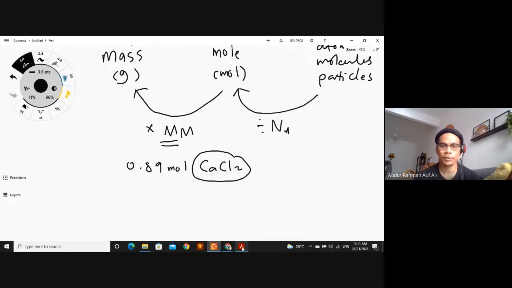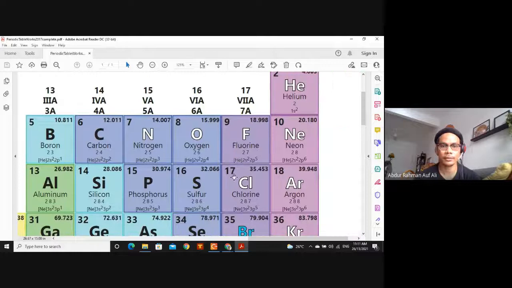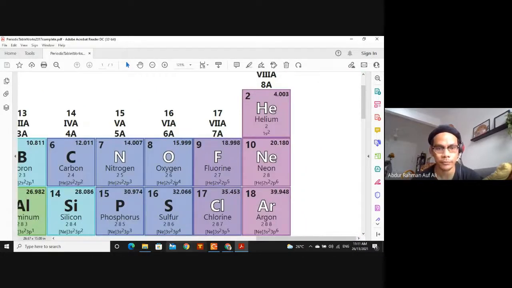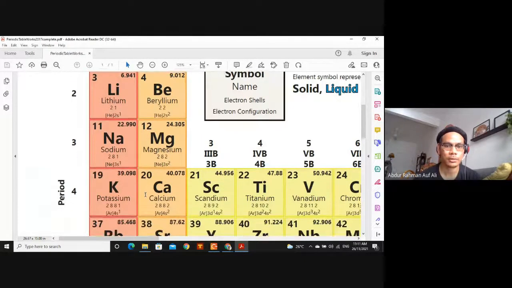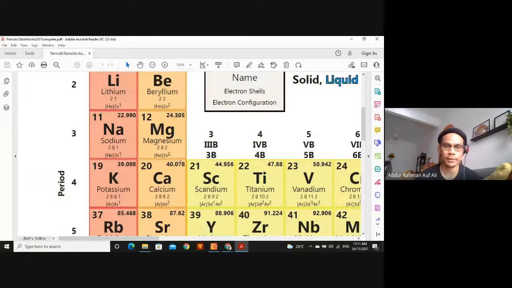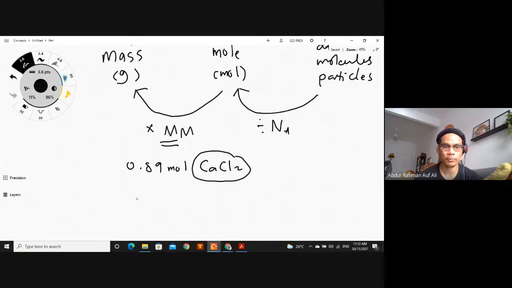So open the periodic table, calcium. Oh, sorry, I used the pen instead. Calcium is in this group, 40.1, I take and round it to 40.1. Calcium is 40.1 grams per mole.